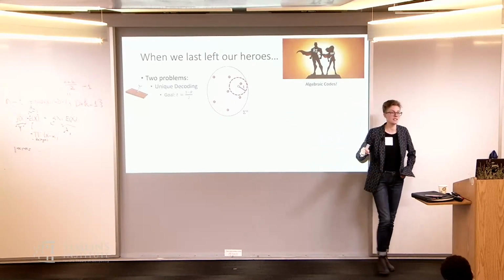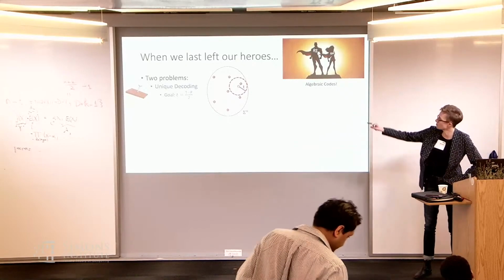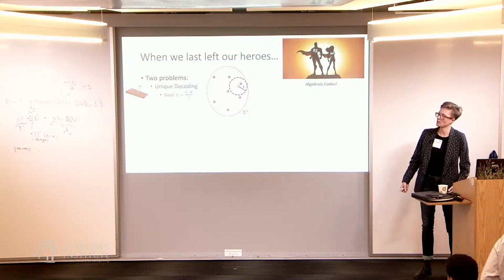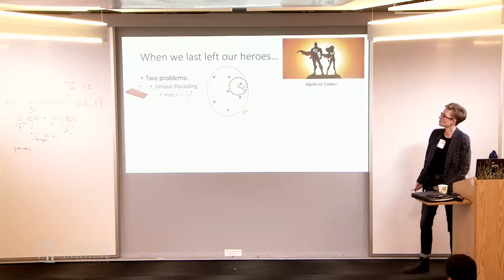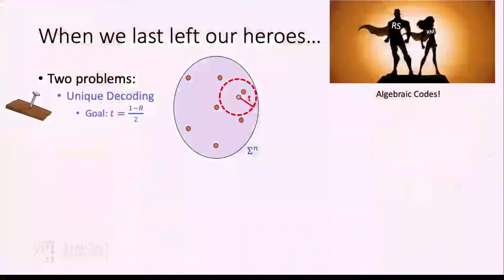For Reed-Solomon codes, the distance is about (1 minus r) times n, so we wanted t to be about half of this times n. Sorry for the typo. If that's the case, then when we see this received word there's a unique code word we can decode to, and we want to do that efficiently.